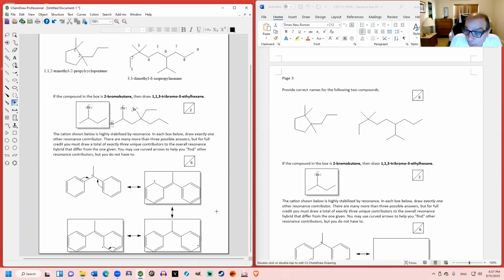And there's lots of others. We could move this bond over here. We could have moved this bond over here. We can move both these bonds. There's lots of other resonance forms. From the original form, could we just possibly shuffle a double bond in just different areas of those two rings, too?